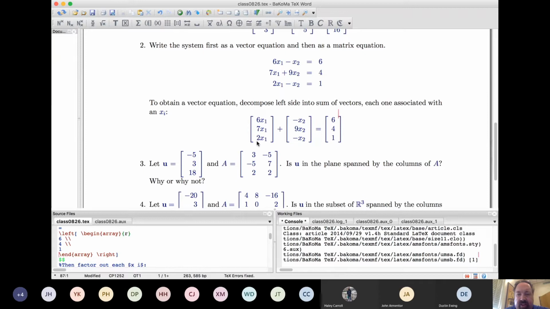But then you take x1, factor it out of this. You take x2, factor it out of this.